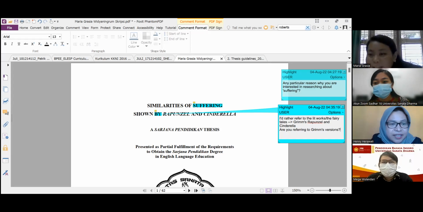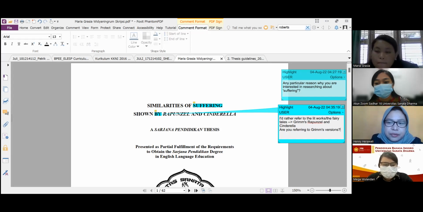Which one did you use? Because like Rapunzel, if you just browse and find the story, you will get the information that there are different versions of Rapunzel and Cinderella.